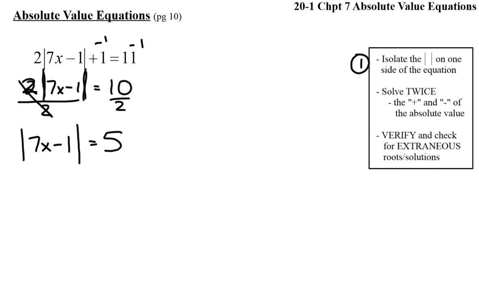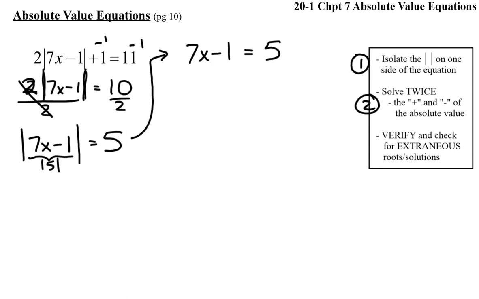From there, now we have to solve twice, because our 7x minus 1, it would be good if that equaled 5, because the absolute of 5 is 5. So we want to solve and get 7x minus 1 equal to 5.